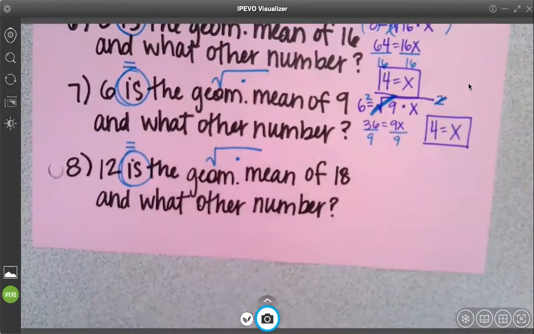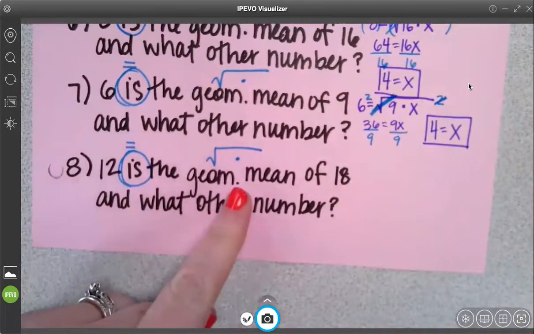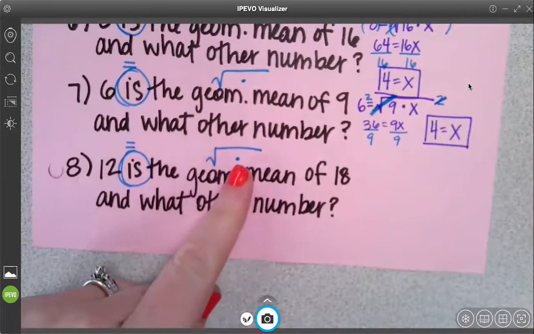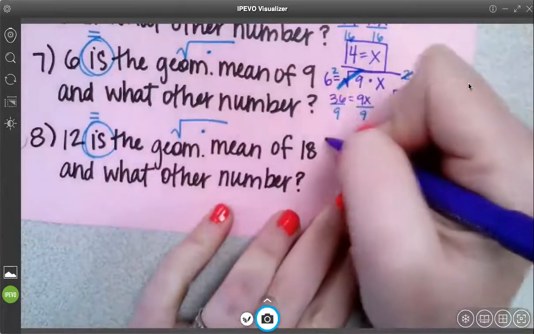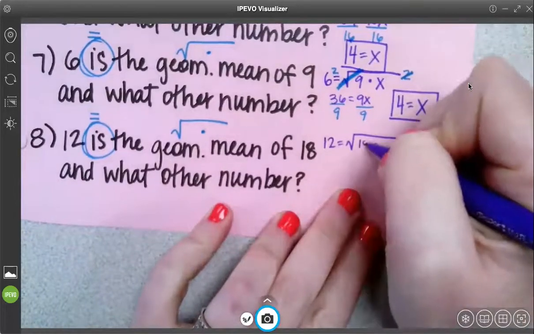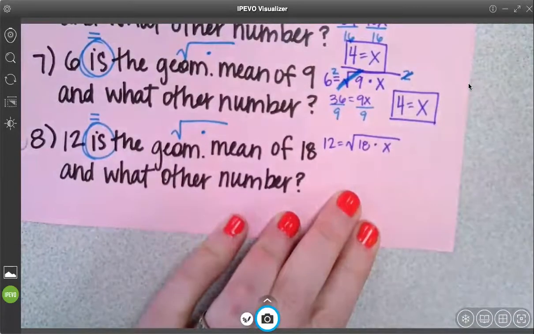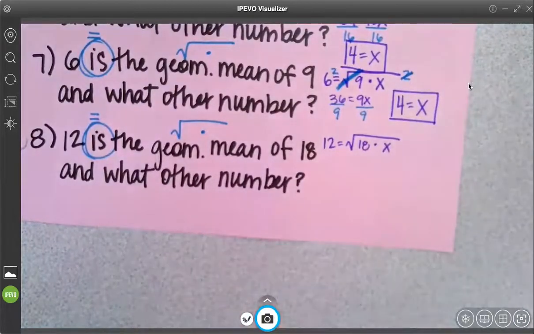Okay, write your problem down. 12 is the geometric mean of 18 and an unknown number. So you should have 12 equals the square root of 18 times x. Go ahead and start solving. I'm going to give you a second to see if you can get rid of that radical first on your own.